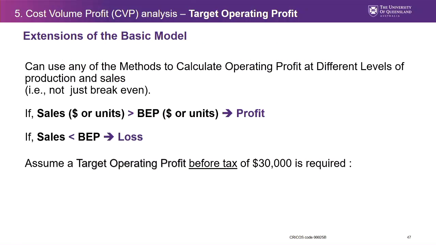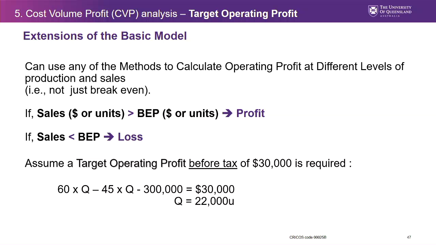Okay, so we can extend on this basic model. We might want to know, for example, how many units we have to sell to make a certain amount of profit. Say, for an example, the before-tax profit we want to make is $30,000. Using the example of the toys, instead of having 0 on the right-hand side of the equation, we would have 30,000 and we would solve the equation for that.